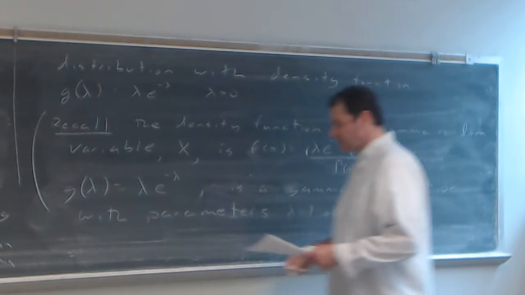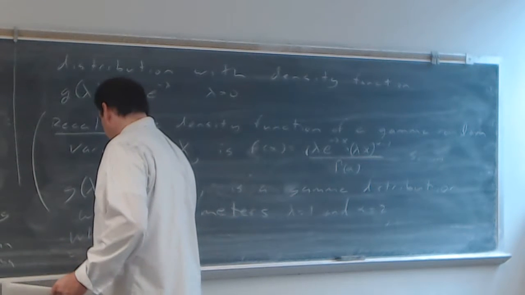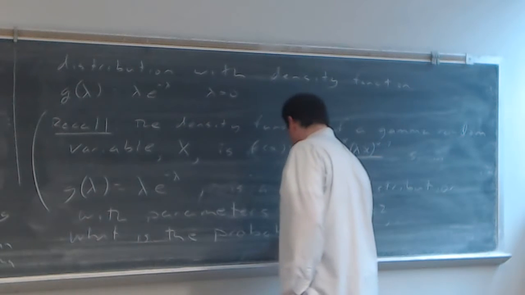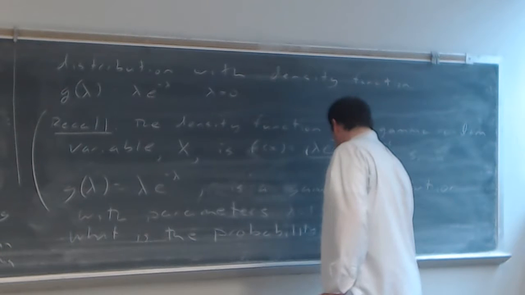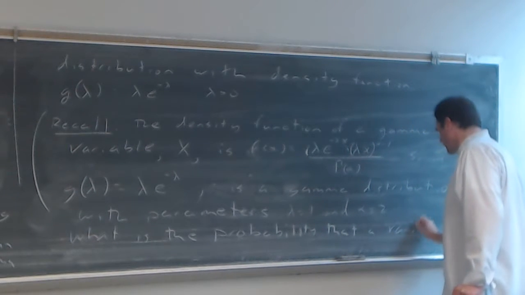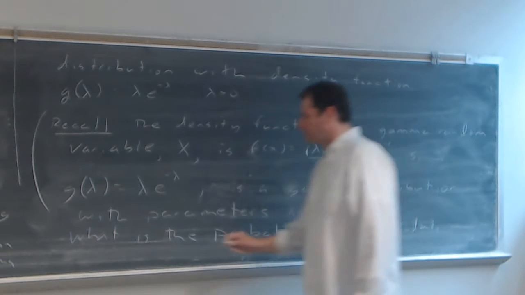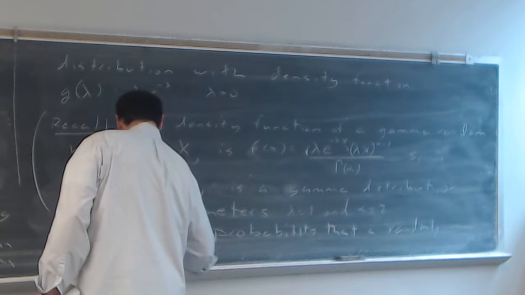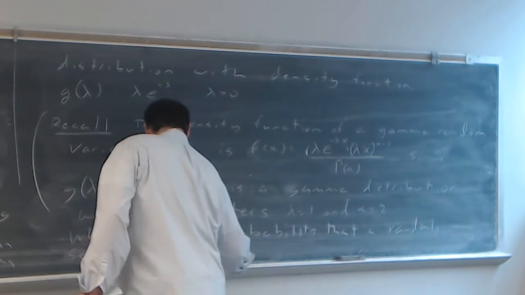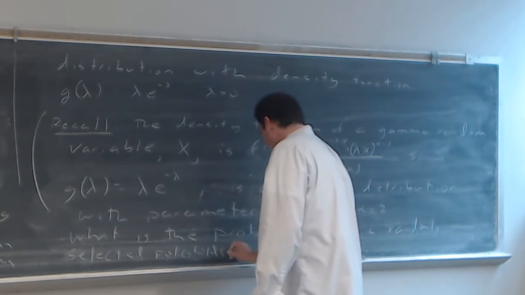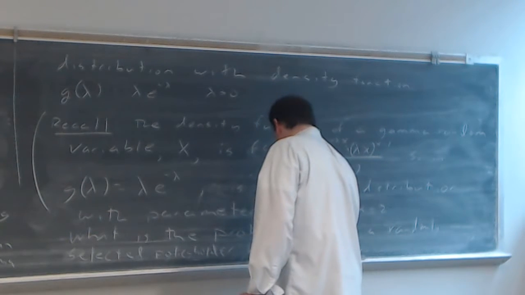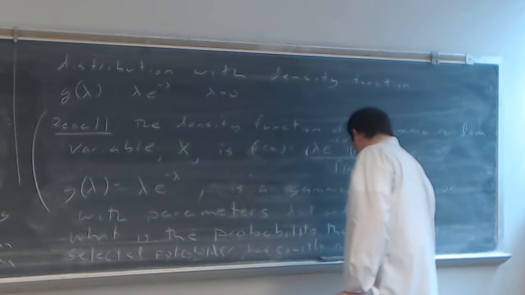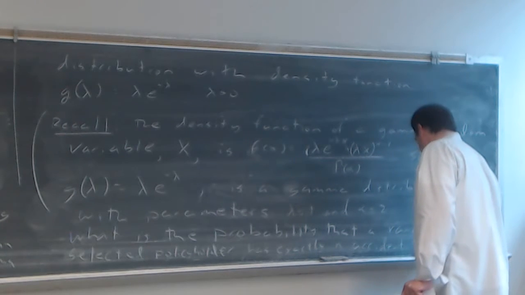Okay. The question is, what is the probability that a randomly selected policyholder has exactly n accidents in the given year?